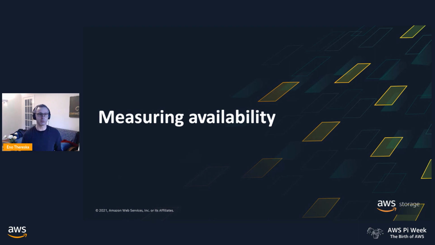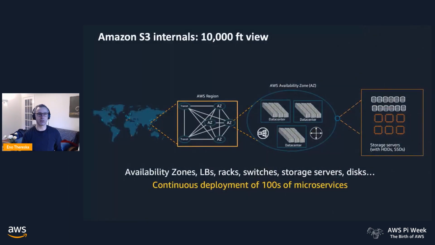Before we dive into the metrics themselves, let's look at this 10,000 feet view of Amazon S3. We have availability zones and regions: more than 20 regions, more than 60 availability zones. Each of these zones is made of potentially multiple data centers. And inside each of these data centers, you have servers with hard disks, with a whole bunch of networking gear, with CPUs.